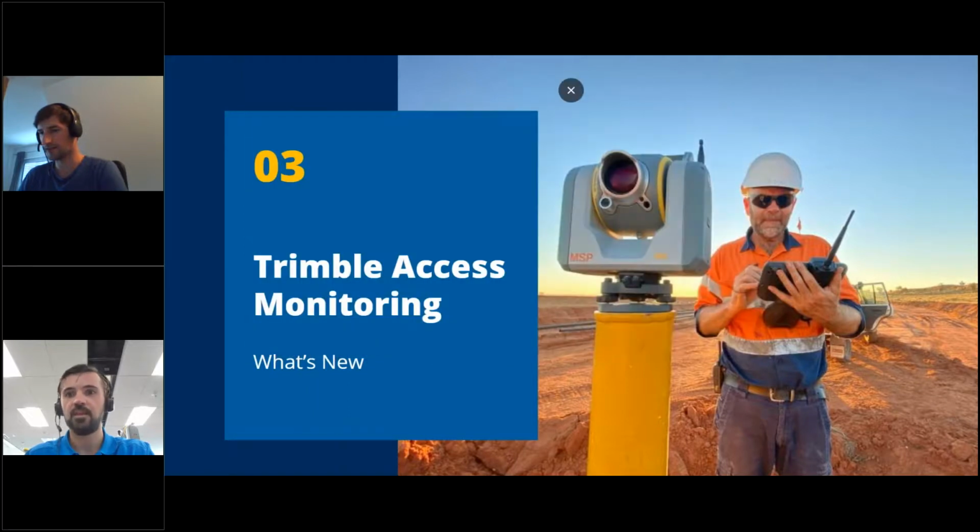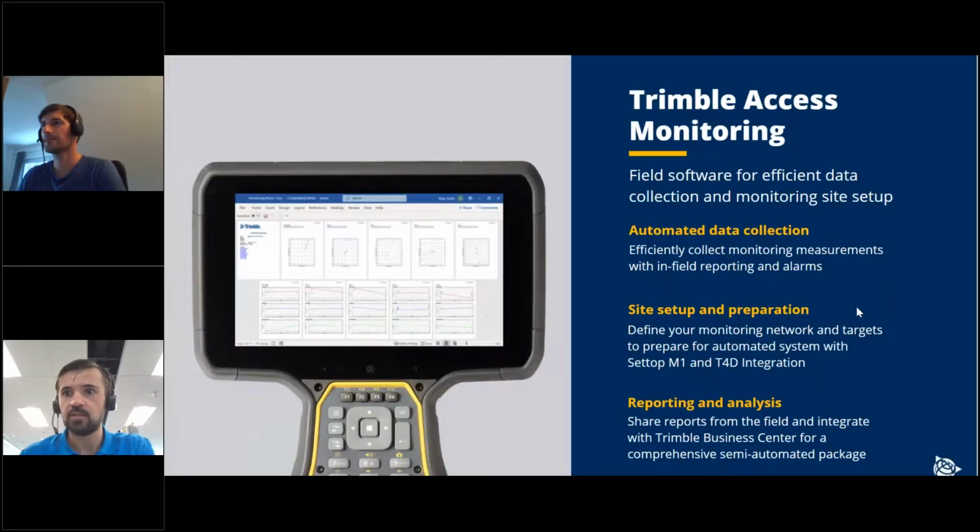I can see it. All right, so now we want to talk about Trimble Access Monitoring. If you're not familiar with Trimble Access Monitoring, it's based on our Trimble Access field software platform, but it's a specific app for semi-automated or campaign-based monitoring, where you might be making repetitive visits to the same site, whether that's every day, every week, every month, every year.